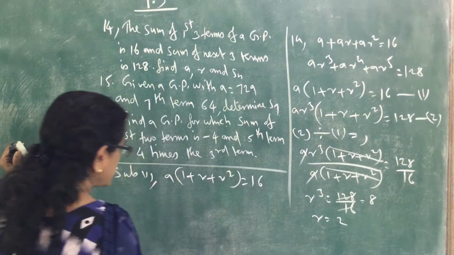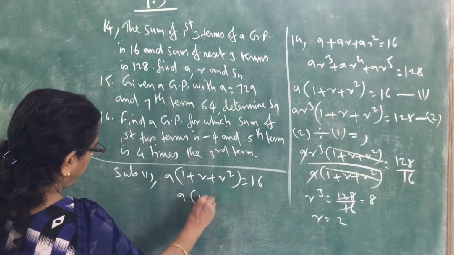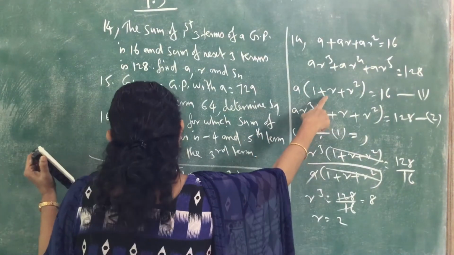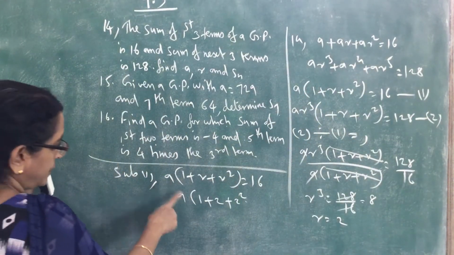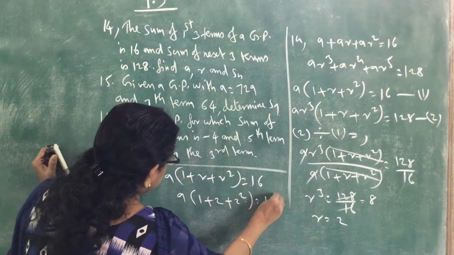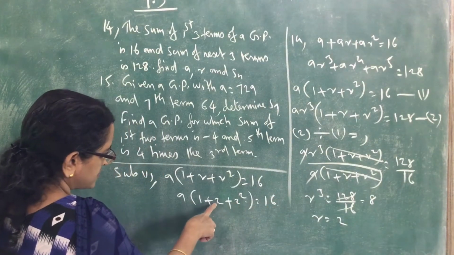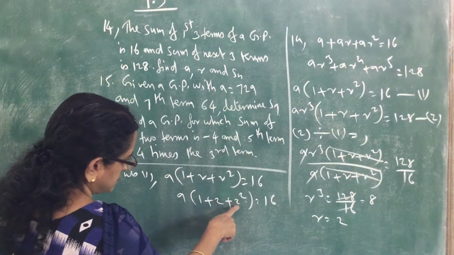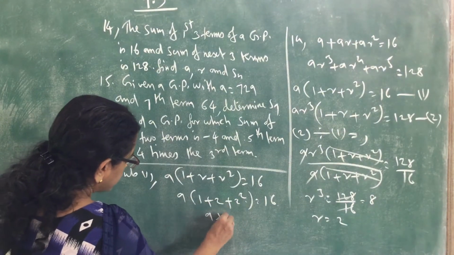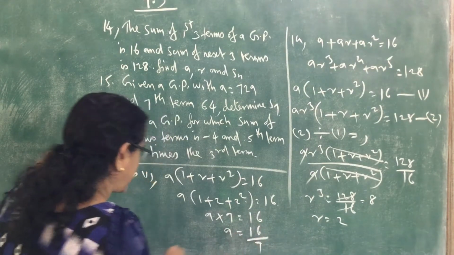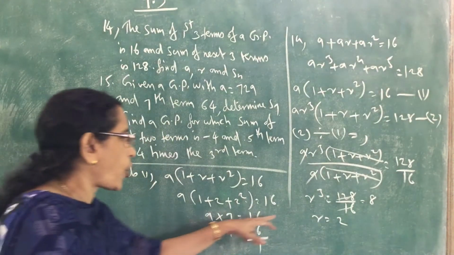So R equal to 2, A into 1 plus 2 square equal to 16. So 4 plus 1, that is 5... 1 plus 4 is 5, so A into 5... Taking as given: A into 7 equal to 16, A equal to 16 by 7. So we got the first term and common ratio.